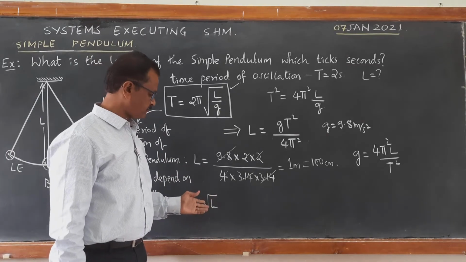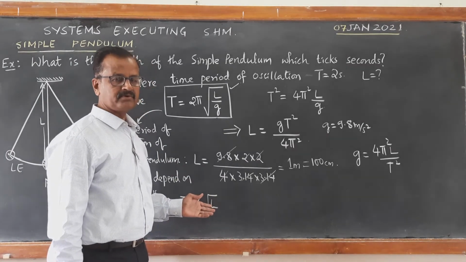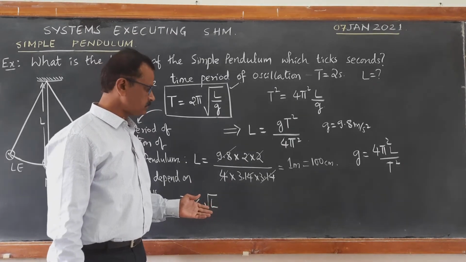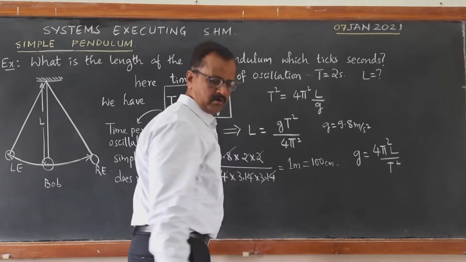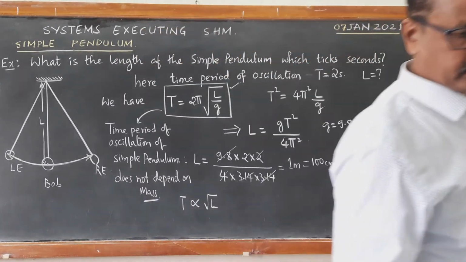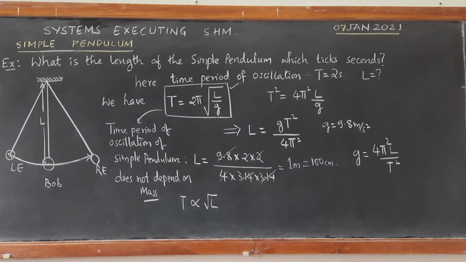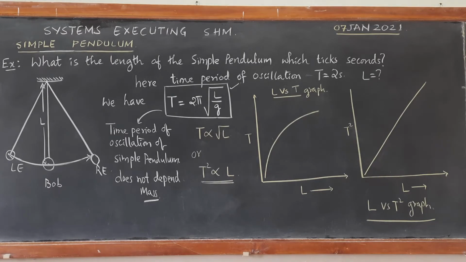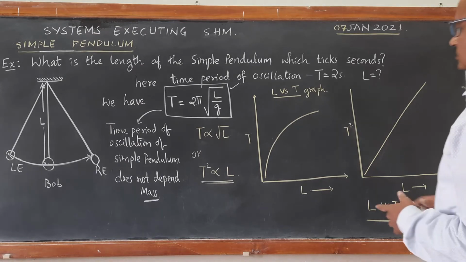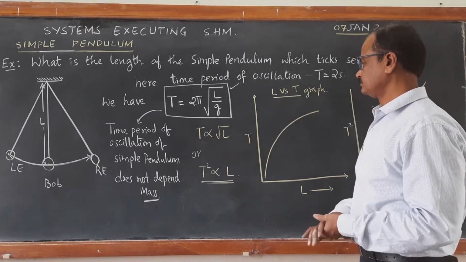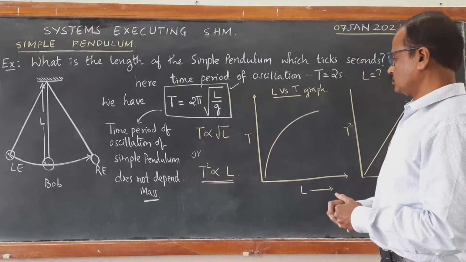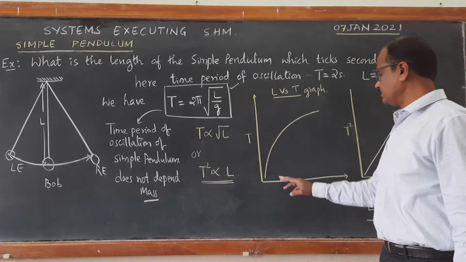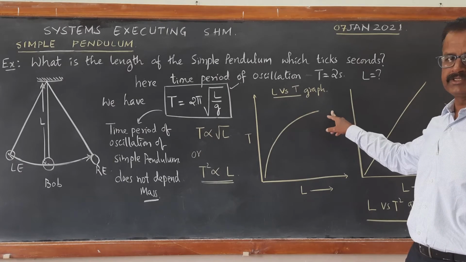So if you draw the graph of L versus T, what kind of graph are you going to have? It's going to be a curve. When you draw the graph of L versus T, see here, T is directly proportional to square root of L. It means T square is directly proportional to L. So if you draw T versus L, you will get a curve of this nature.